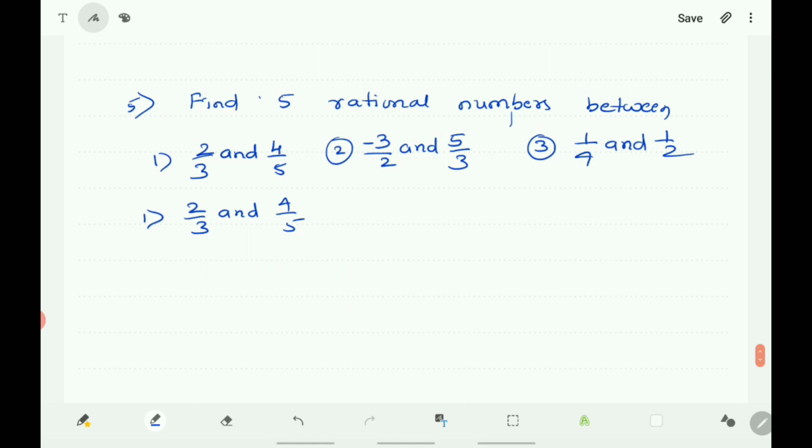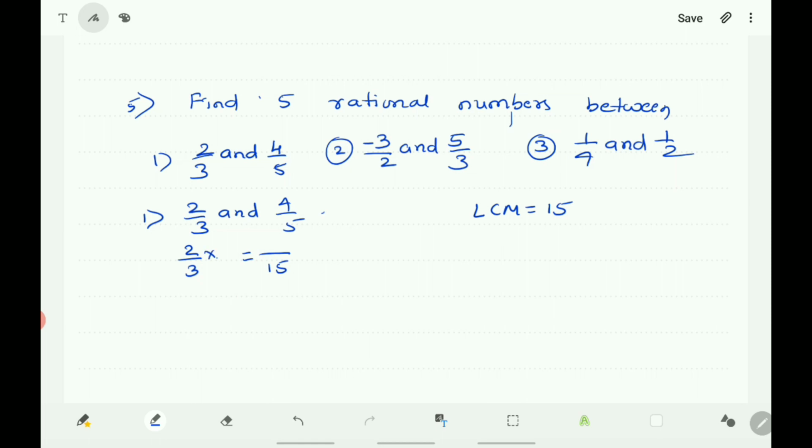Here the numbers are 2 by 3 and 4 by 5, and the LCM is the product, that is 3 into 5, 15, as they are co-prime numbers and they are not in the same table, meaning they do not have a common factor. So the LCM becomes 15. Now you take 2 by 3, and the denominator must be equal to the LCM, that is 15.